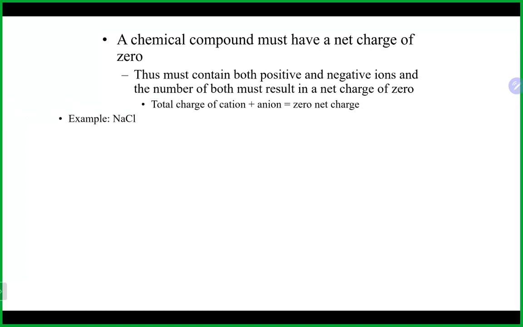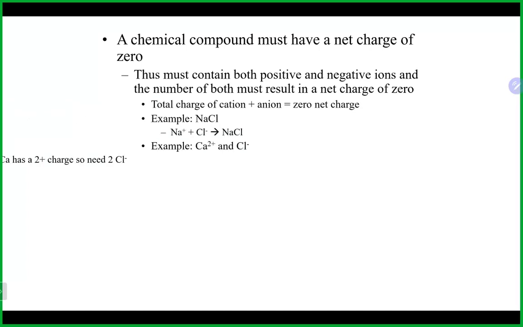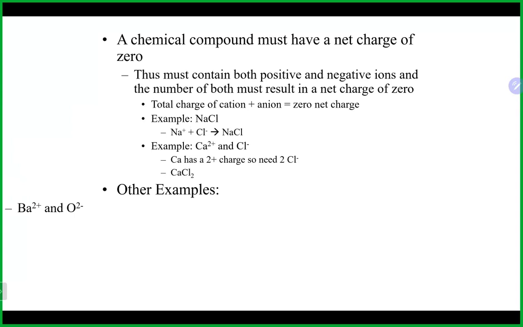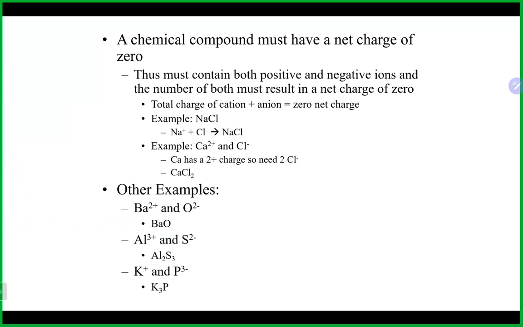Now, another thing that we talked about in that last lecture is how we go about naming ions, and we're going to get into more specific ones. But in general, if you have a cation, which is positively charged, we usually use the whole name of the ion.